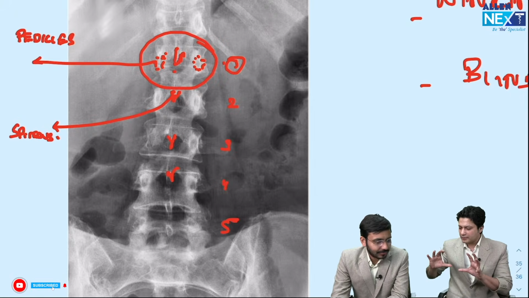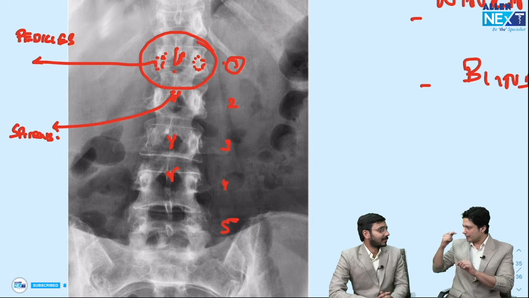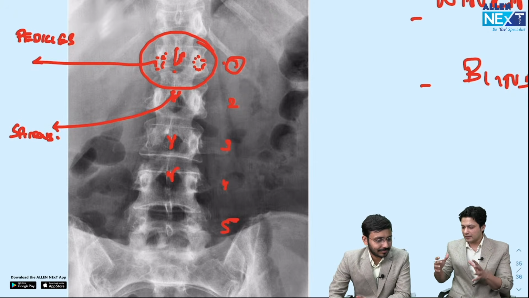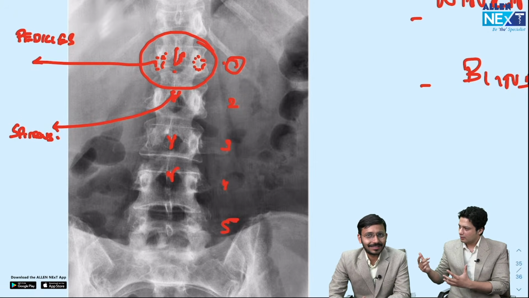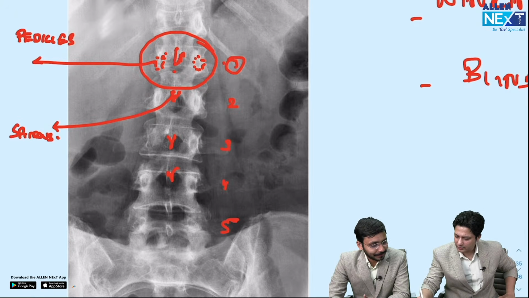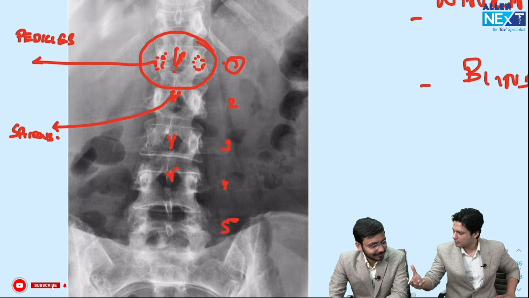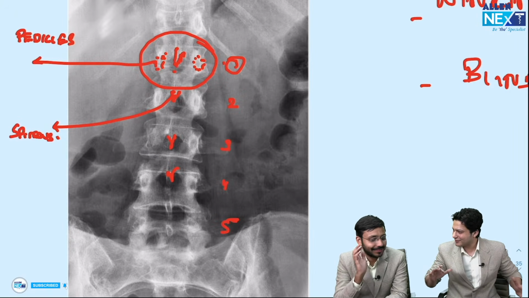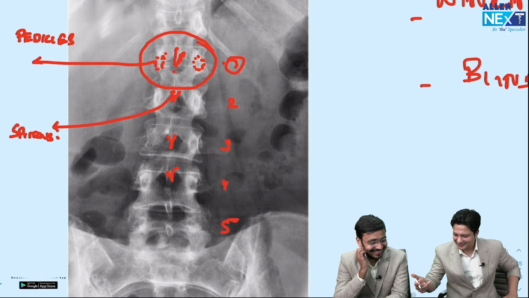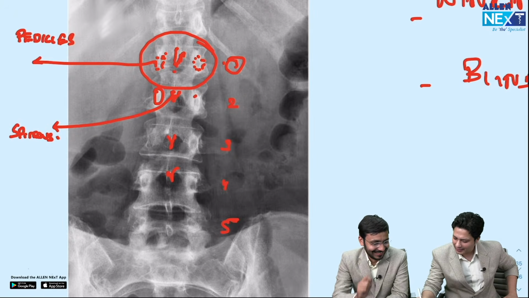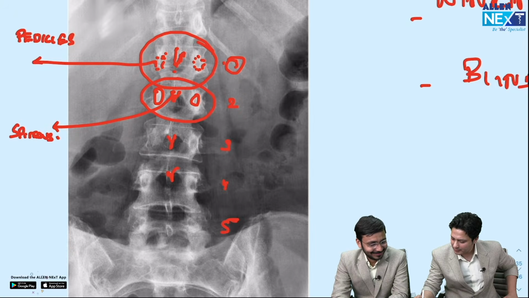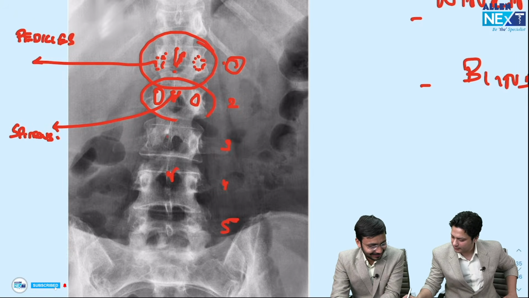Now, when we compare these pedicles with the eyes and the spinous process with the nose, it appears like the face of an owl. So in vertebra number 1, this owl face means there is no deficient feature. Both eyes are seen. In vertebra number 2, both eyes are clearly evident. But in vertebra number 3, the eye on the right side and the eye on the left side have a discrepancy.